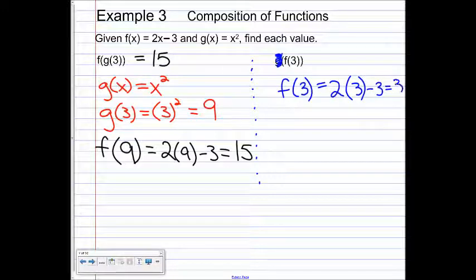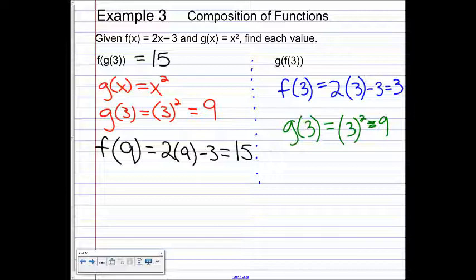So now, as Megan said, I'm going to erase that. And now I'm going to plug in what into my function of g? 3. So I'm going to do g of 3, which is 3 squared or 9. So what is g of f of 3?